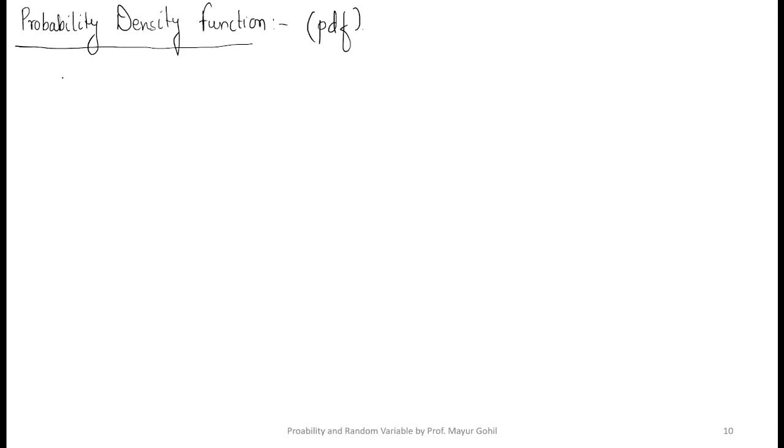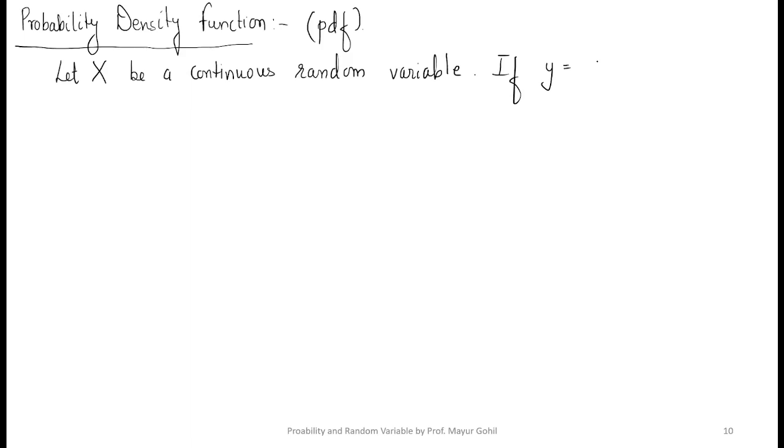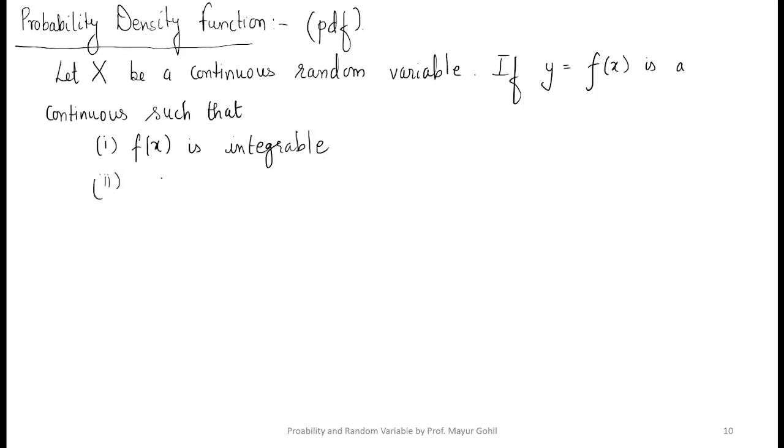Okay, so let x be a continuous random variable if y equals f(x) is a continuous function such that, number 1, the function f of x is integrable. Second, the function f of x is non-negative.